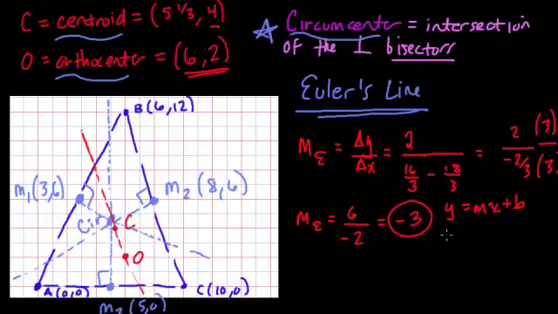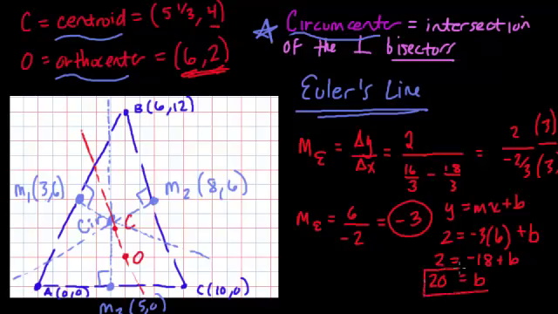And I know that the orthocenter is on this line, so I'm going to plug in this 6 for x and this 2 for y. So 2 equals slope negative 3 times 6 plus some b value. Don't confuse that b and 6. So negative 3 times 6 is negative 18, plus b. We're going to solve for b: 2 equals negative 18 plus b. Add 18 to both sides, and b equals 20.